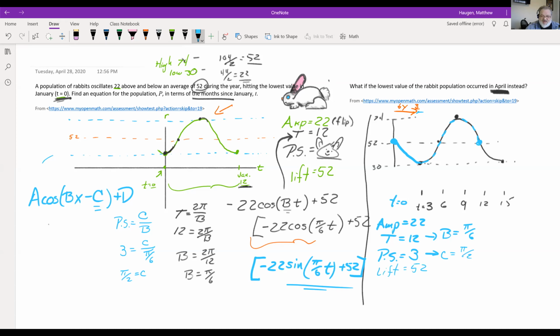Now, if you don't like that method of finding the C value in this form, we could certainly instead have said that we've got the negative 22 cosine.